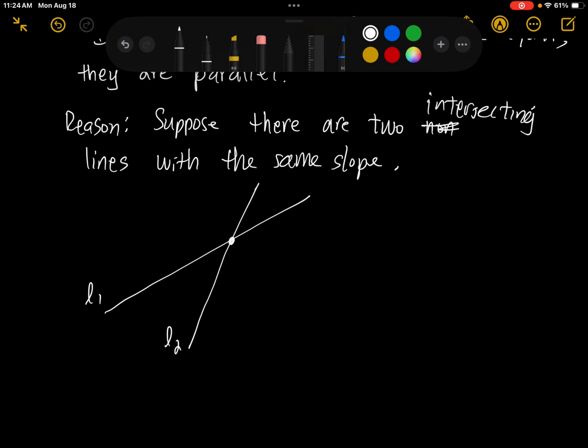So let's call this intersection point P. And let's look at the point 1 unit to the right of P. So draw a horizontal line through P and look at the point that's 1 unit away to the right of P. So let's say this is 1 unit.